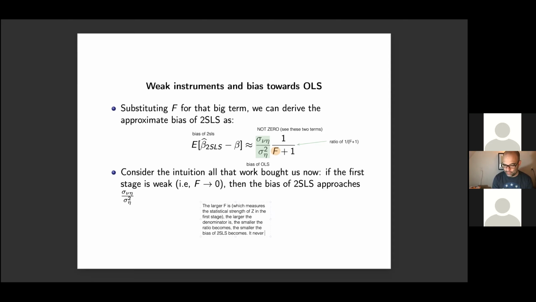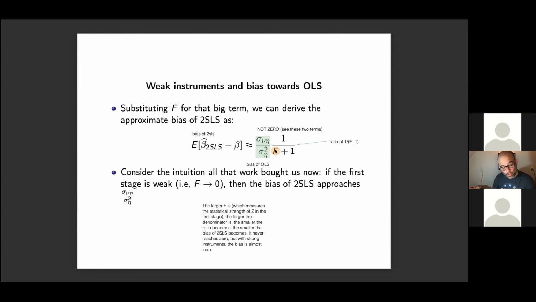It never reaches zero, but with strong instruments, the bias is almost zero. The consistency property always holds. So when we have large samples, it always holds. But for small samples, it won't. So we end up here with 1 over F plus 1.